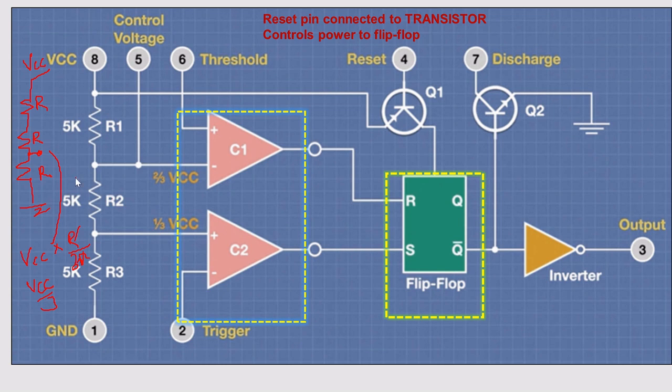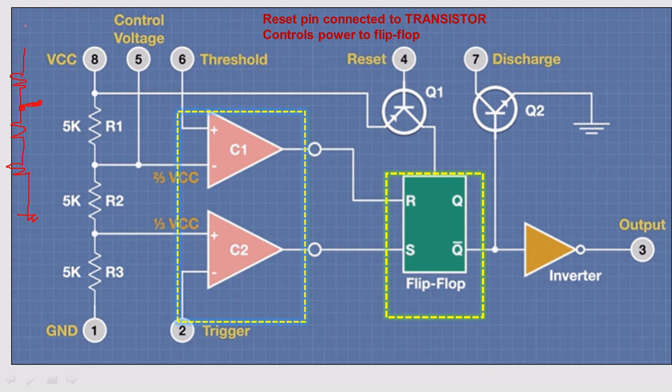Similarly, if you take the second resistor, same logic, but you are taking it at this terminal. R plus another R, 2R towards the ground. You want to find this point.